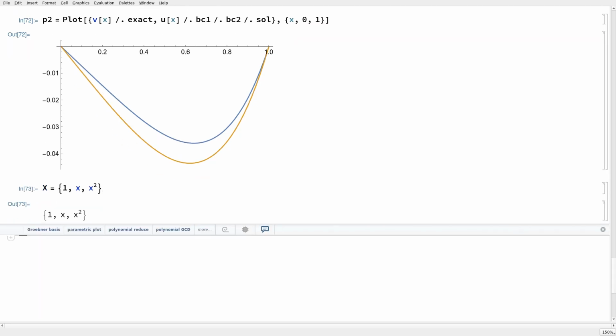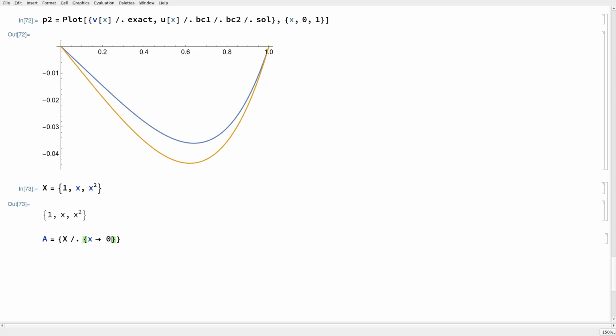And then A is going to be equal to x evaluated at the first node, which is x equals 0, and then x evaluated at the second node, which is x equals L over 2, and then the third will be x evaluated at x equals L.